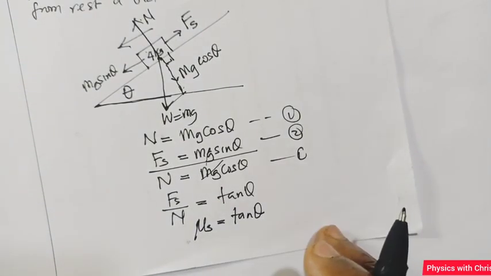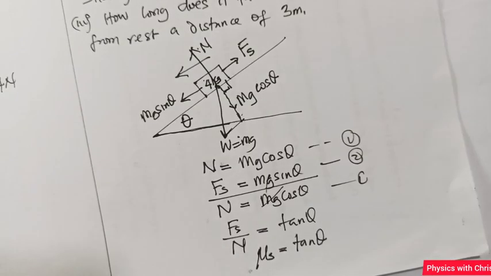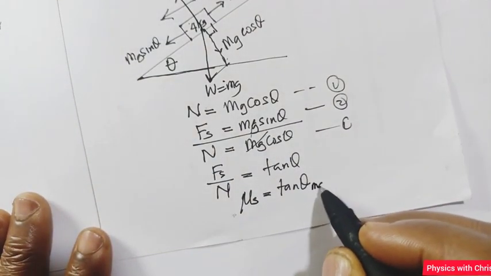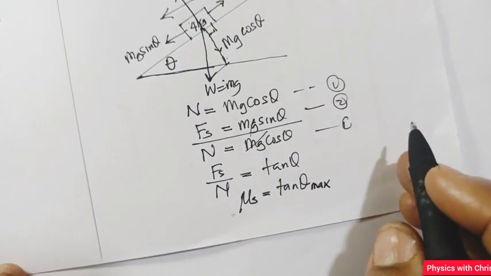And static frictional force is always the maximum or limiting frictional force. It is greater than kinetic or dynamic frictional force. That's the maximum force that must be overcome before a body starts moving for the very first time. So in this case, my angle theta will be maximum.